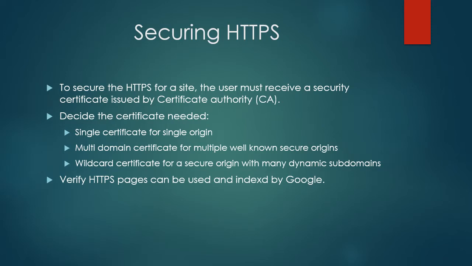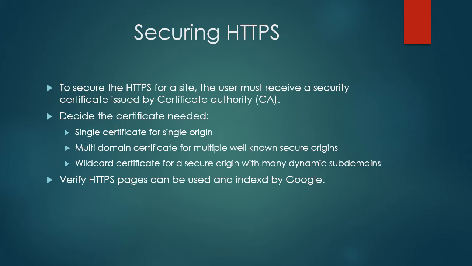And verify HTTPS pages can be used and indexed by Google. Do not block HTTPS pages with robots.txt files. Also do not include noindex tags in your HTTPS pages, and use Fetch as Google to test that Googlebot can access your pages.